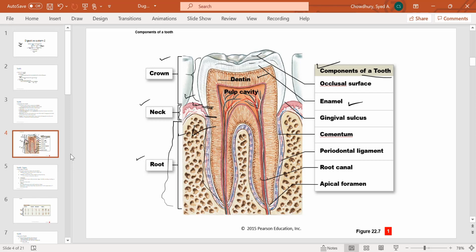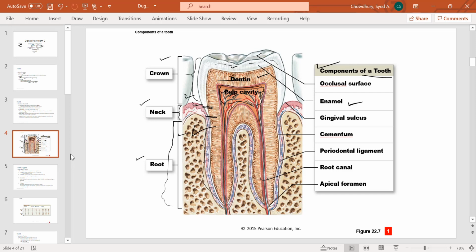And then inside the crown, the innermost part is called the pulp cavity, in which the endings of the blood vessels, arteries, veins, as well as the nerve endings are present. So inside the pulp cavity you have the blood vessels and nerves. So those are the structures in the crown part.